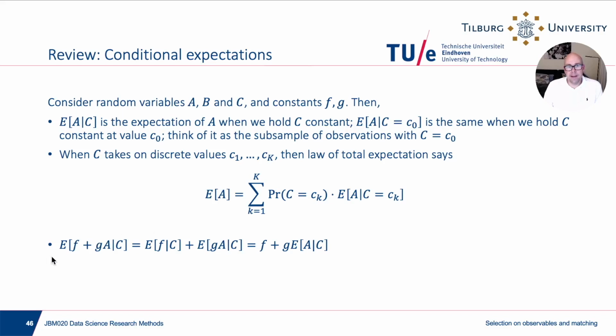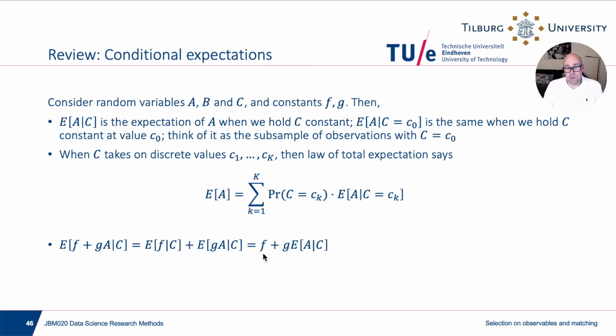And finally, the expectation of constant f plus constant g times random variable a given c works out in exactly the same way as the unconditional expectation works out, namely that first of all, it's the expectation of a sum of two things. So it's the sum of the expectations. So it will be the expectation of little f, constant f, given c.